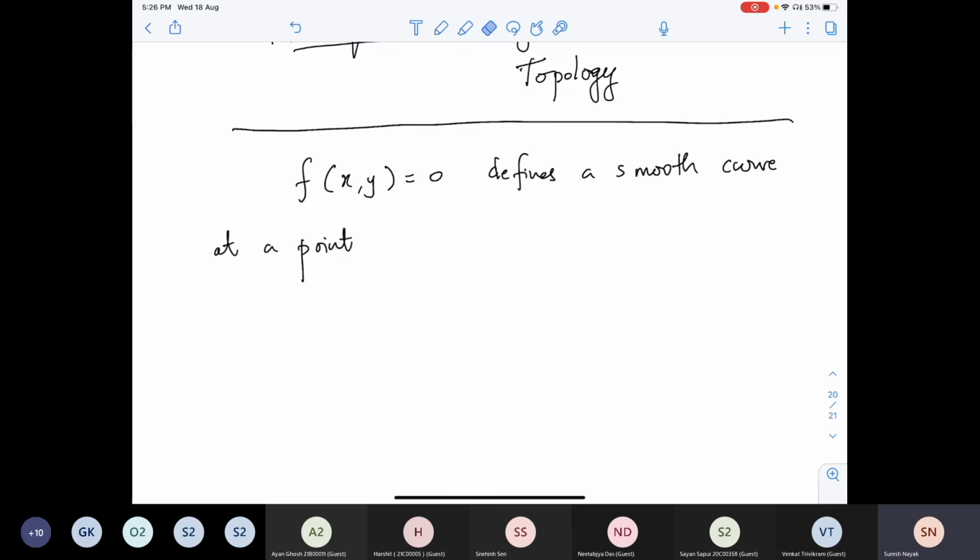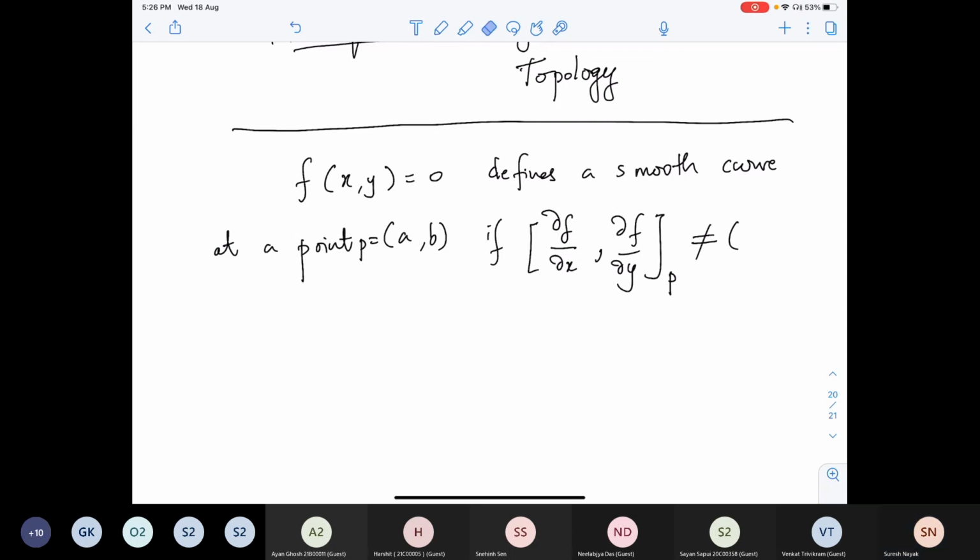So it's a local condition. What is happening far away really has no effect. So basically just look at the partials. Let's call this point P. Del f by del x and del f by del y at P is not equal to (0, 0), meaning that both of them are not simultaneously 0.